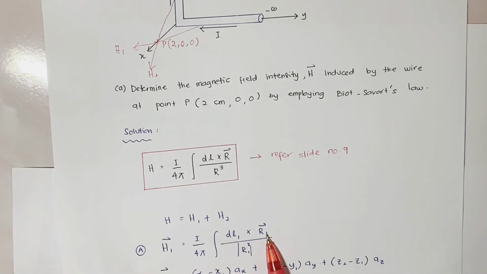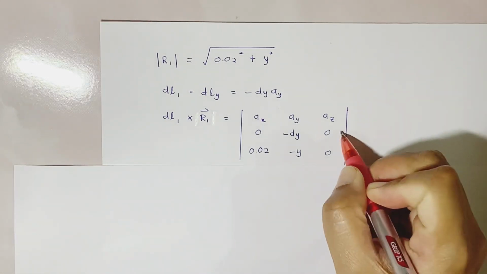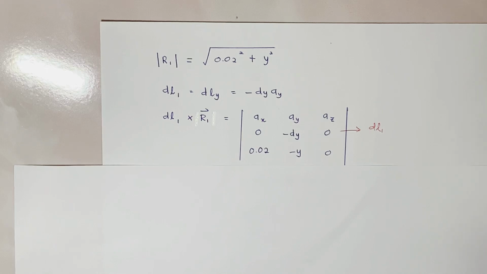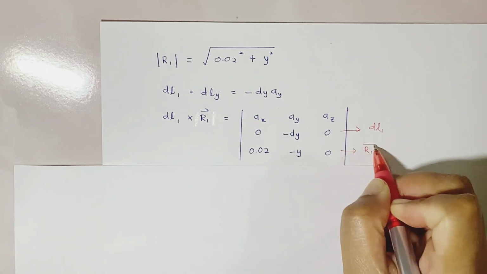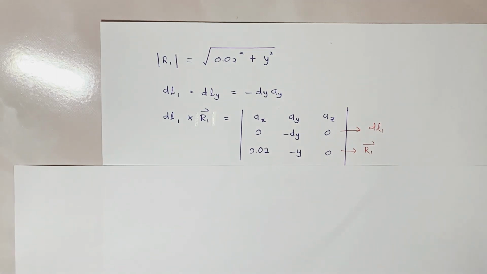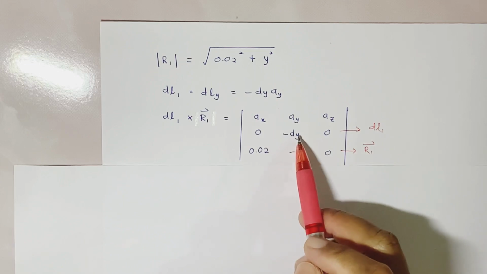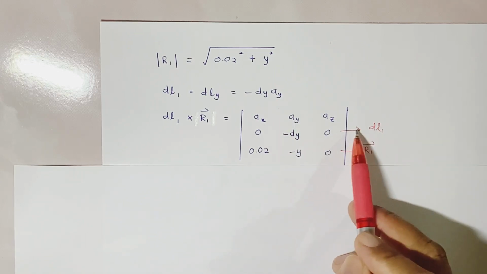For dl1, it is negative dy ay, because of the first row here.